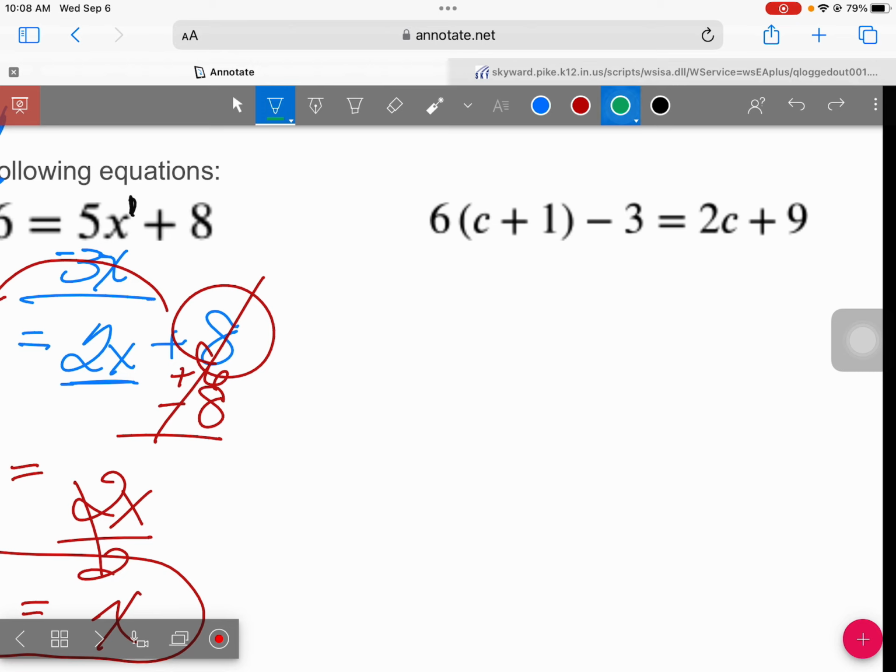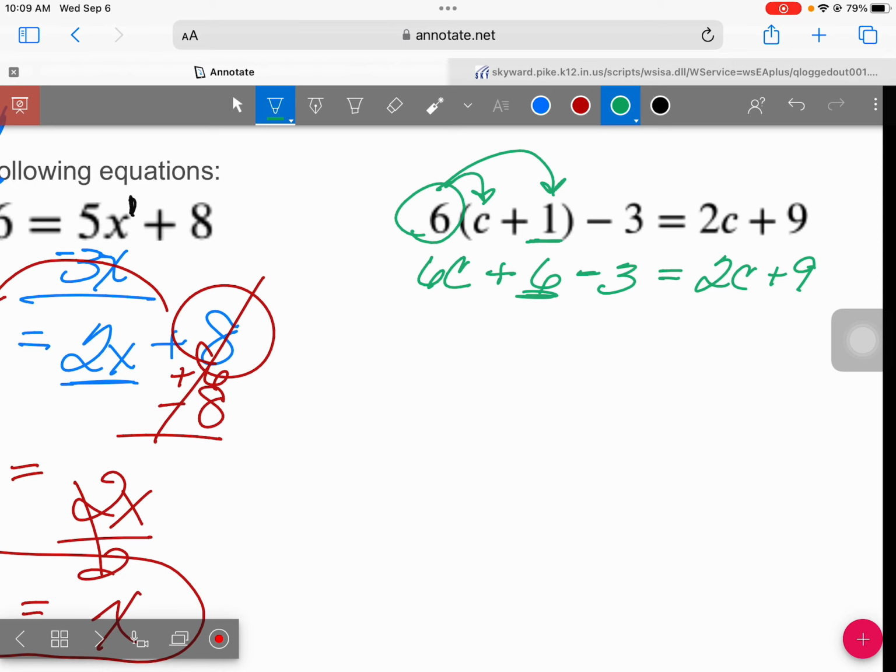So I need to look at distributing the 6 with everything on the inside. So 6 times C is 6C plus, don't forget, 6 times 1 is 6. In one of my classes, we had the 1 here. They did not multiply. And finally, don't forget, minus 3 equals 2C plus 9.